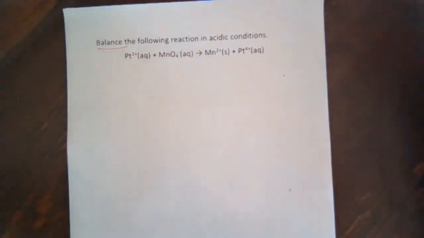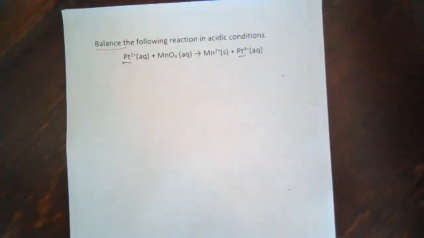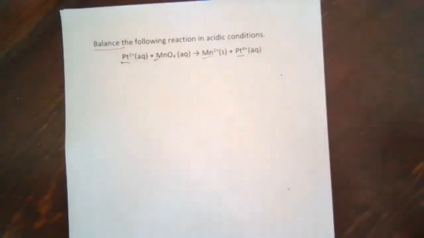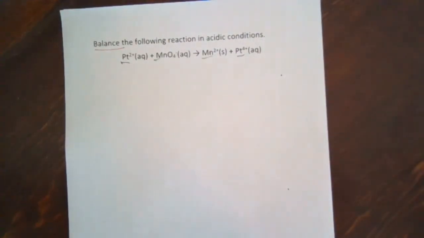And so what we're going to do is find those similar atom types. So I can see that I have platinum, platinum, and then manganese, manganese. There are oxygens in there, but when we're dealing with balancing, generally the oxygens are kind of decoration. They're going to factor into the balancing, but they themselves are not the primary reduction oxidation species.